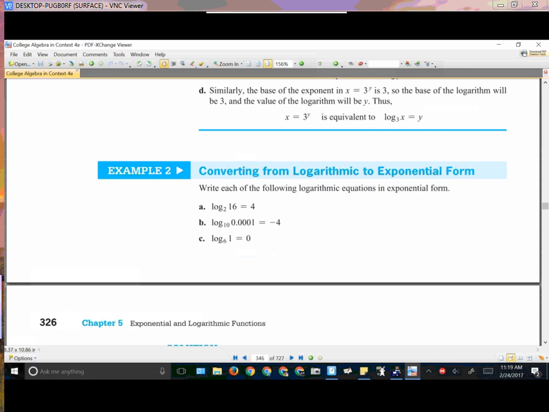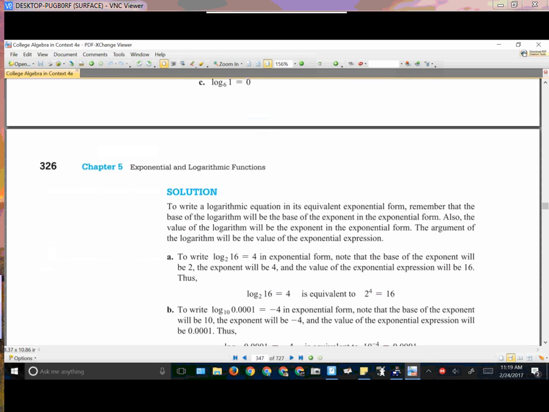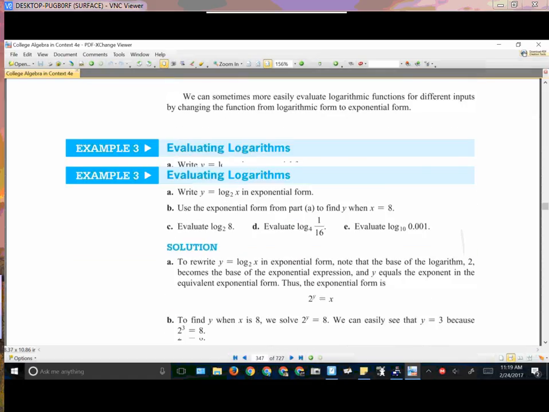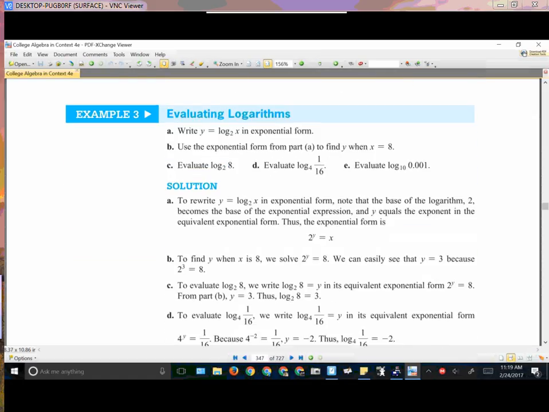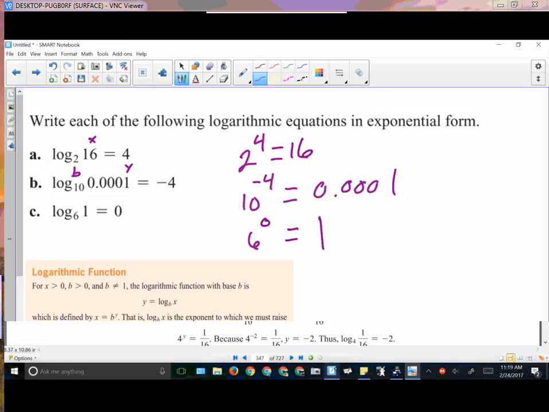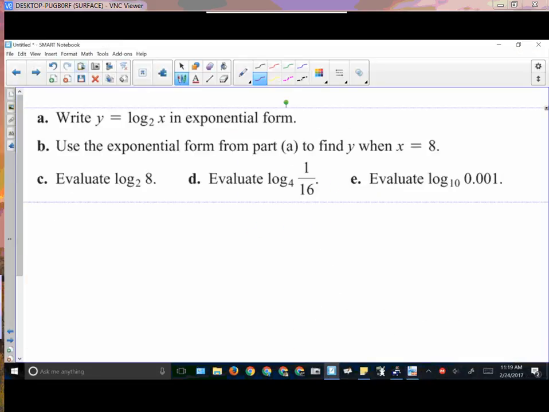So, got to start having some fun with this stuff, right? We're going to take a look at evaluating this now. So, first thing it wants us to do is write that in exponential form. So, that's fairly simple.